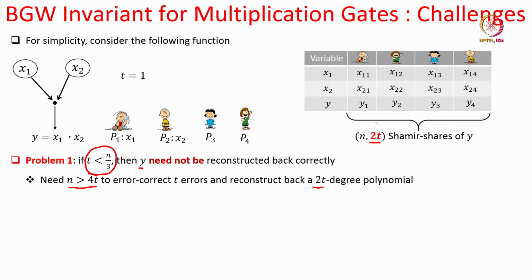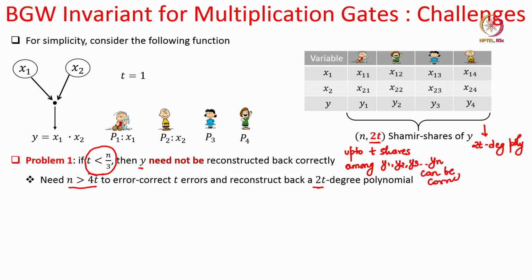So, recall that the shares y 1, y 2, y 3, y 4 now lie on a 2t degree polynomial, and up to t shares among y 1, y 2, y 3 up to y n can be corrupt.